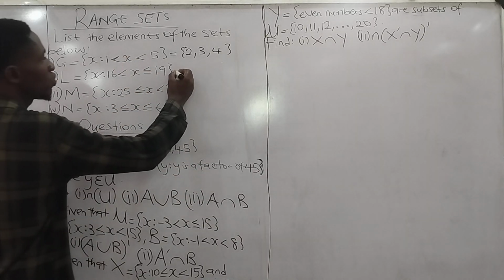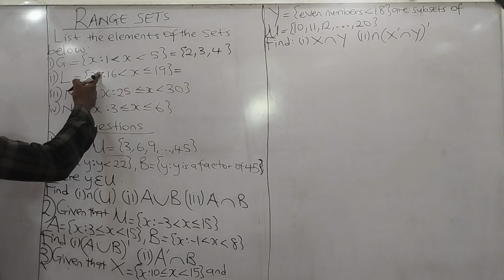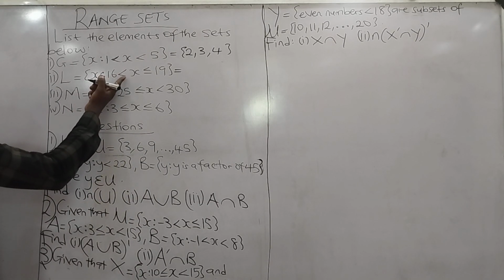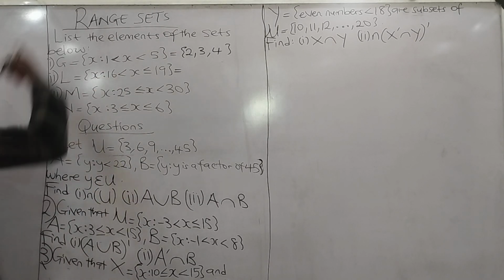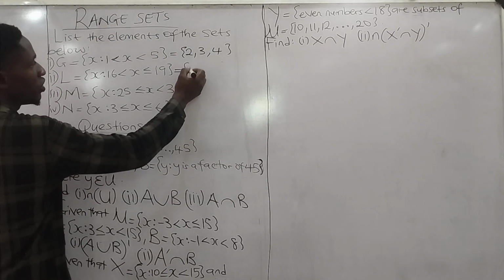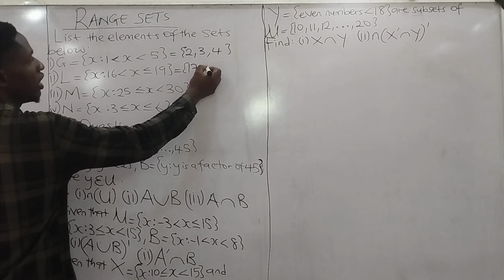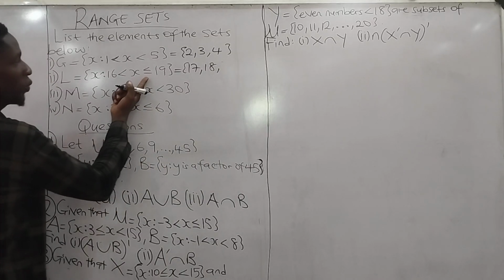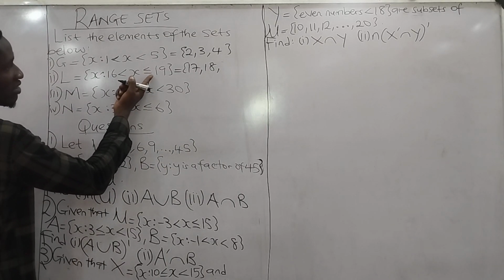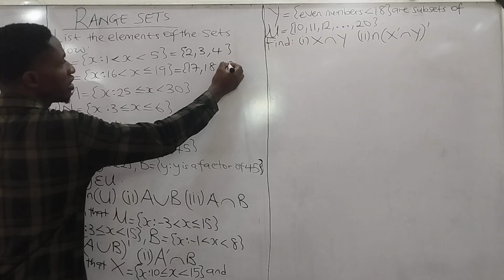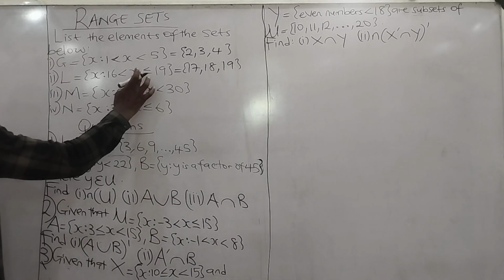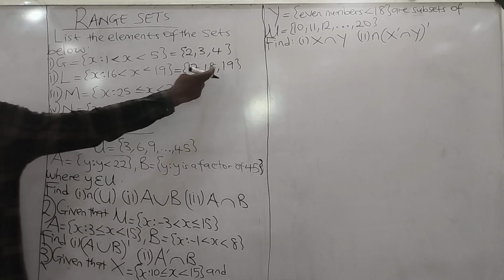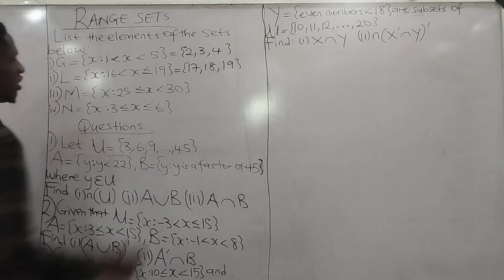For example, in this one, we are told to list all the elements here. This is 16 less than. There is no equal to, so we start with the next one, which is 17, 18. Then we have equal to now: less than or equal to 19, so 19 is included. But if equal to is not here, I will stop at 18.